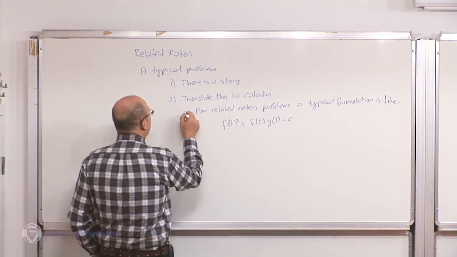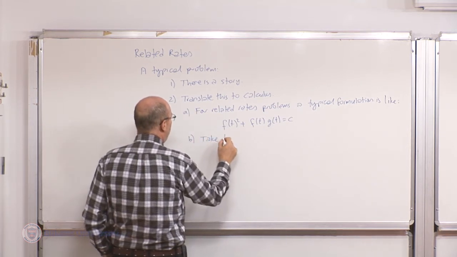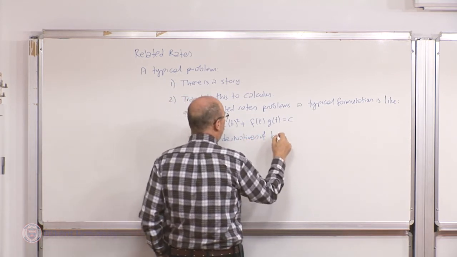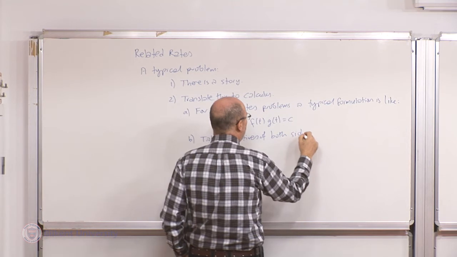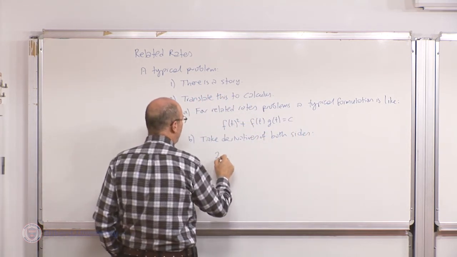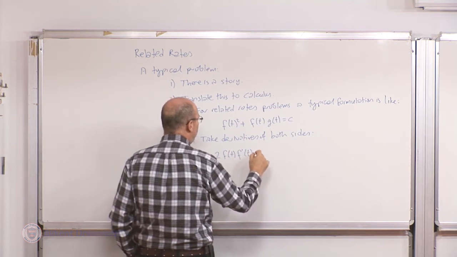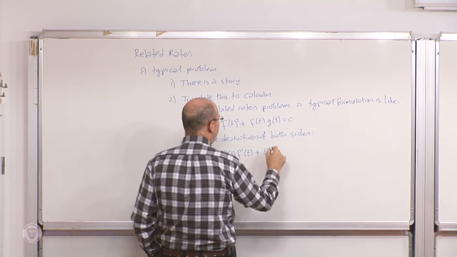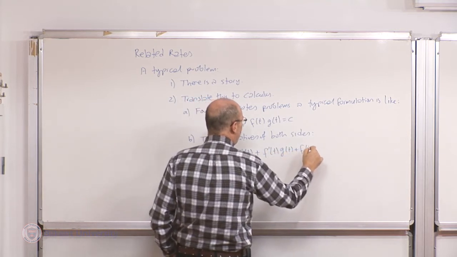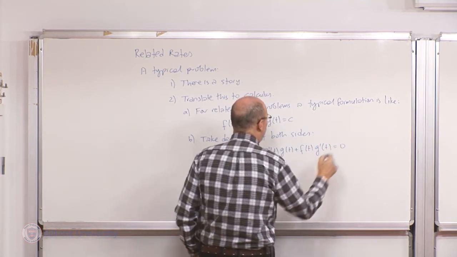And here, let's say this is A. Take derivatives of both sides. Let's continue with this. You will have 2 f of t, f prime t, plus f prime t times g of t plus f of t, g prime t equals 0.